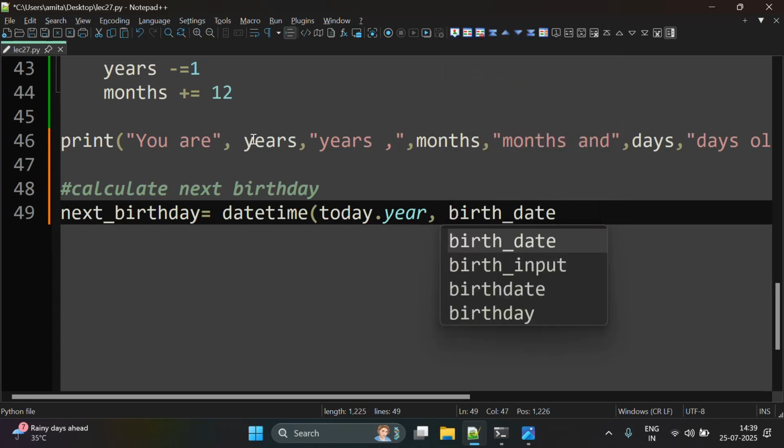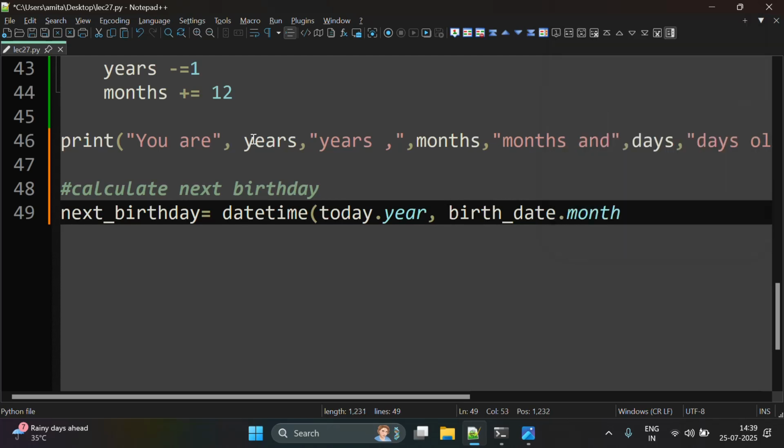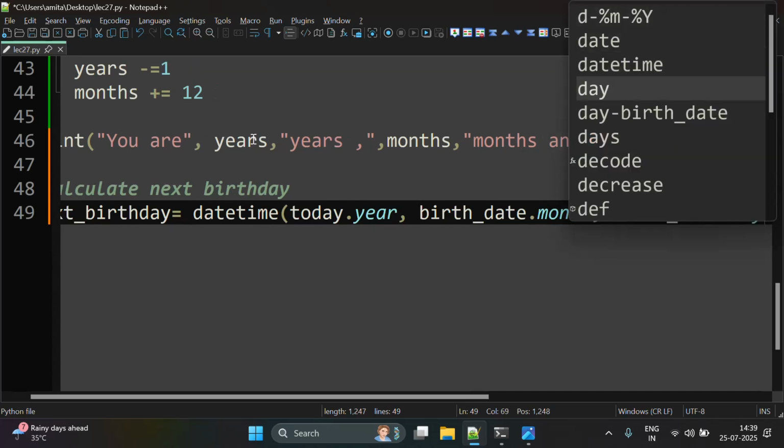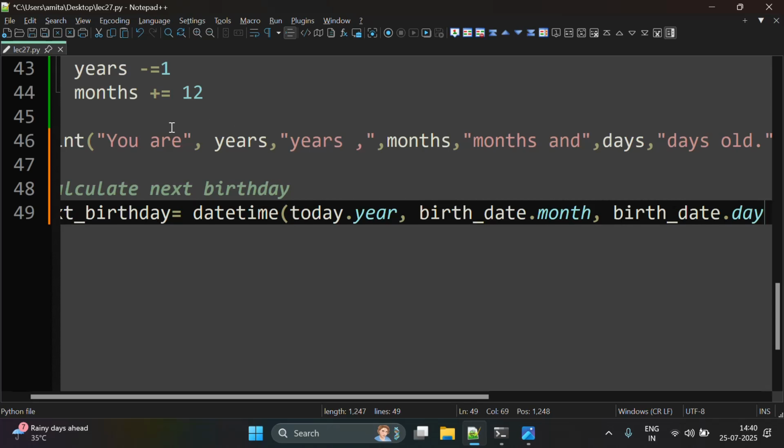So basically we will just change the year of the birth date, and the birth date month as well as the day will remain the same. So you can see here we have written today dot year, that is 2025. If the date is 2nd August 2007, which we had taken above, then today dot year means 2025, birth date month is August, and birth date day is 2nd. So 2nd of August 2025.